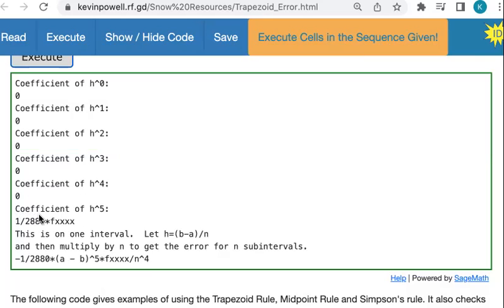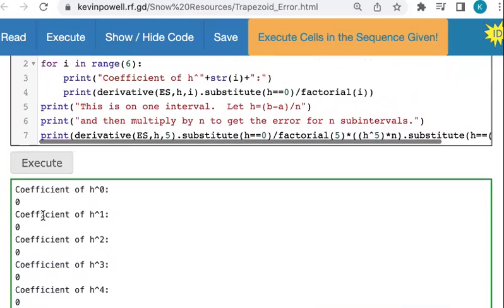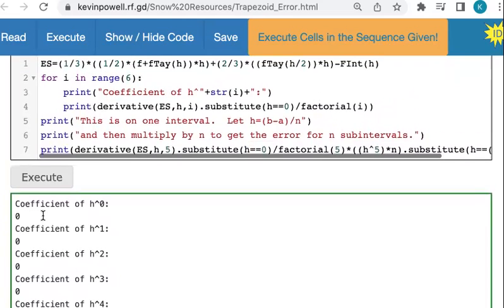The further we get into the Taylor series, the better the approximation or the method. Here it takes us all the way down to a coefficient of h to the fifth. So we have a fourth derivative of f here, and we have this funny constant. Of course, this constant comes from what we're calling n and what we're letting n represent.